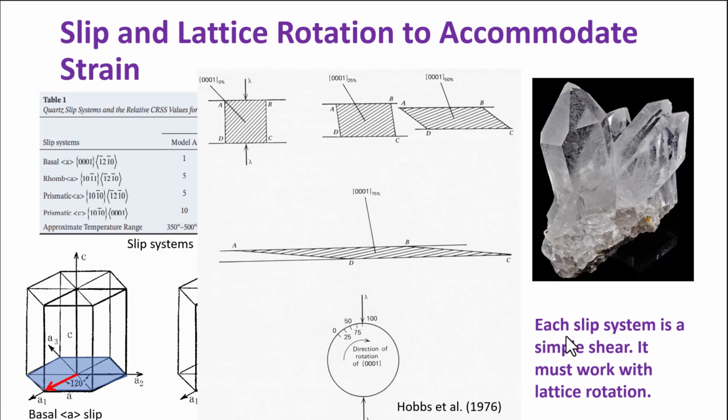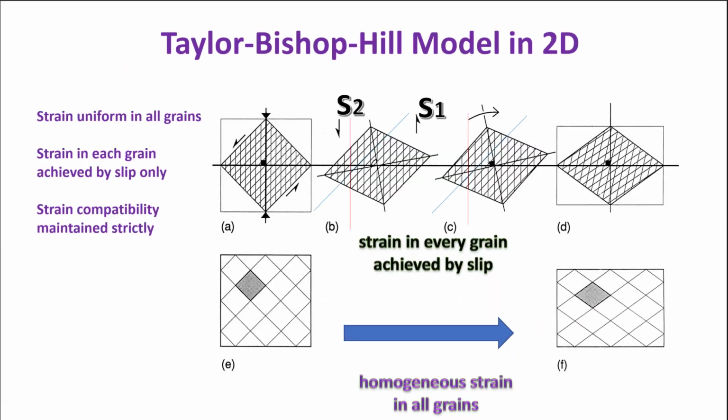Therefore, the operation of a slip system must be accompanied by lattice rotation in order to accommodate an imposed strain. So the rotation of the lattice of all grains in a rock will lead to the development of lattice preferred orientation.